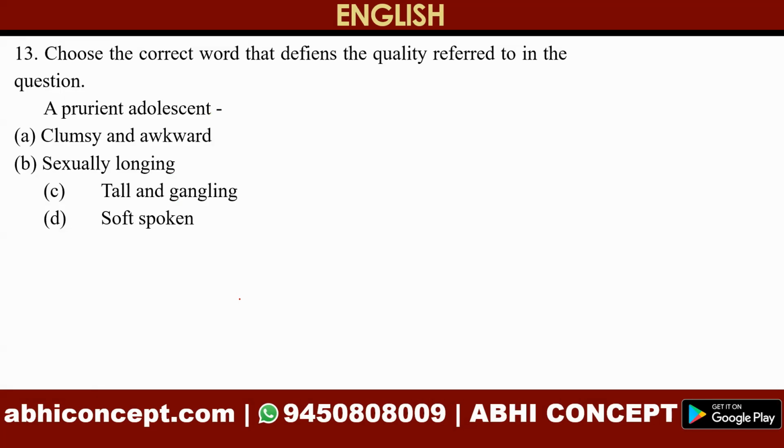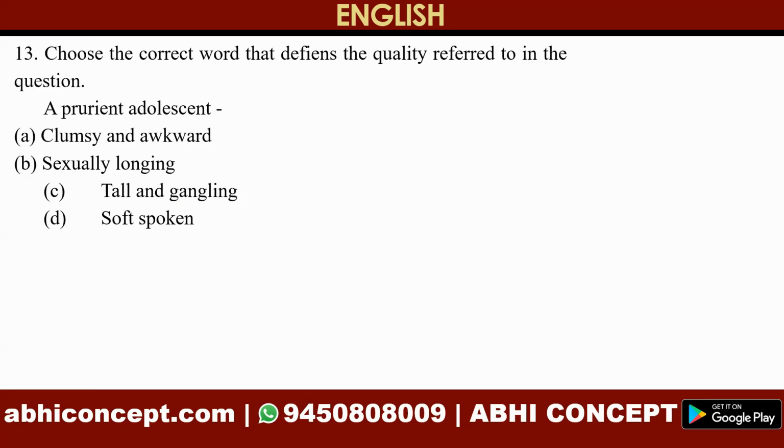Next, question number 13. Choose the correct word that defines the quality referred to in the question. A prurient adolescent. Okay. So हमें basically ये बताना है कि ये जो quality लिखी गई है, ठीक है, prurient adolescent का meaning क्या है? Okay.